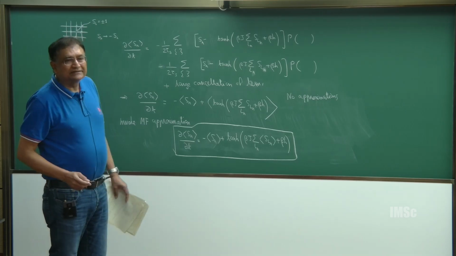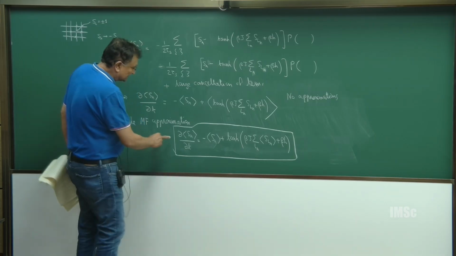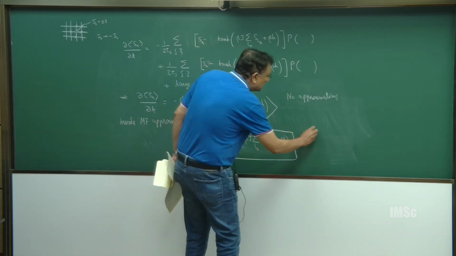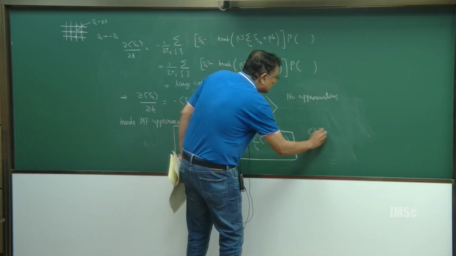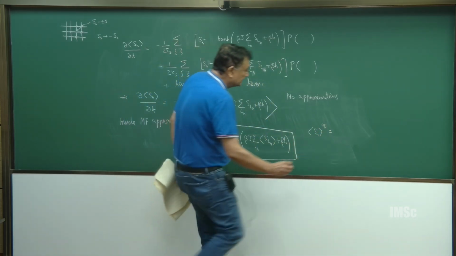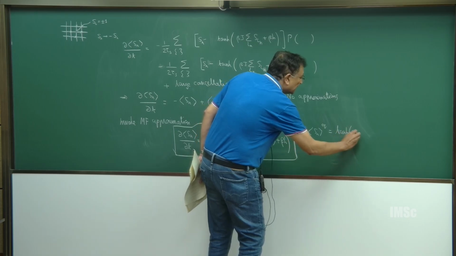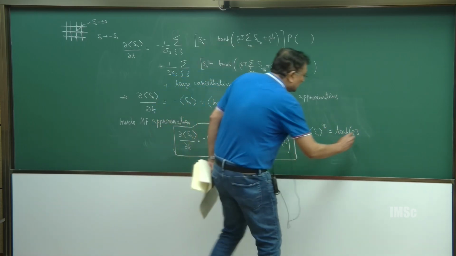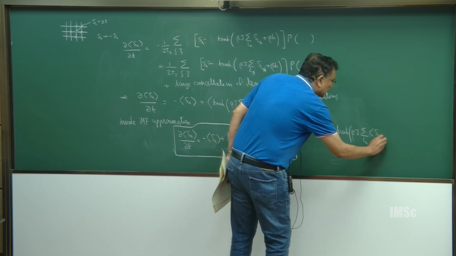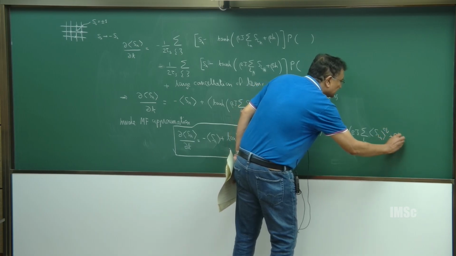Because if you look at the static solution, you get the mean field equilibrium. Okay. If you look at the static solution, you set del by del t equal to 0, then you get the equilibrium solution, which is Sn in equilibrium is equal to tanh of beta J sum over ln S ln in equilibrium plus beta h.